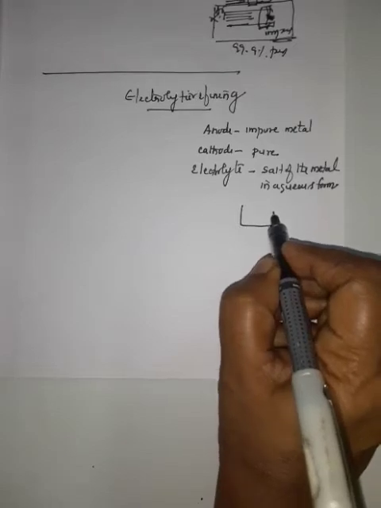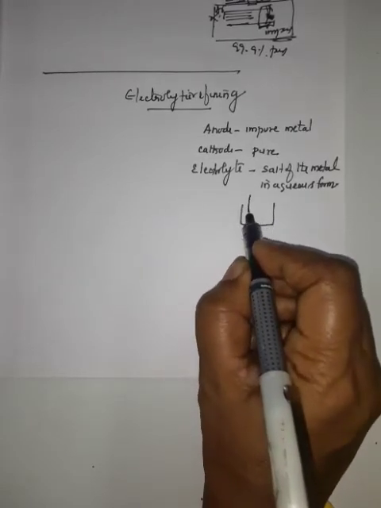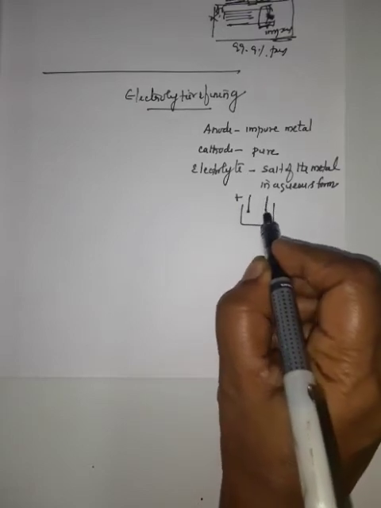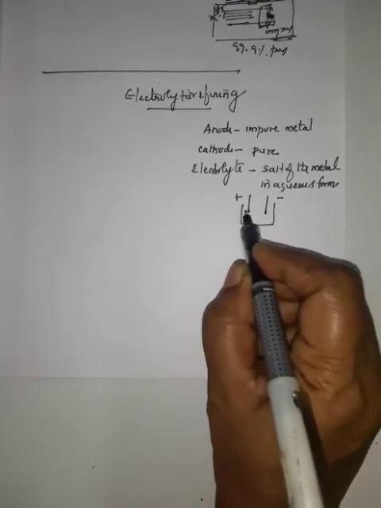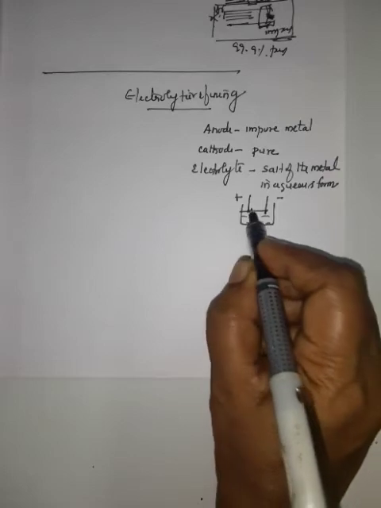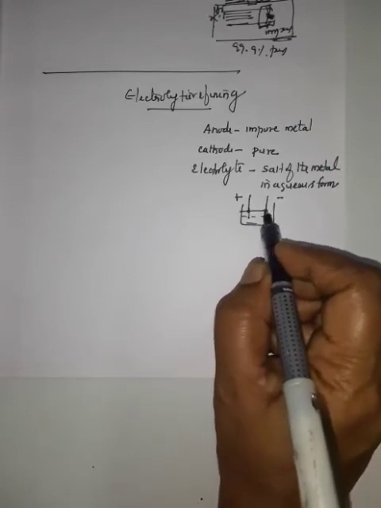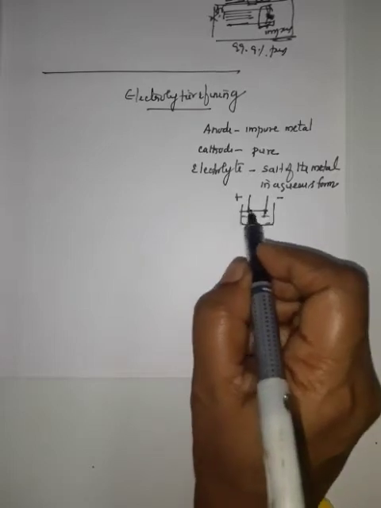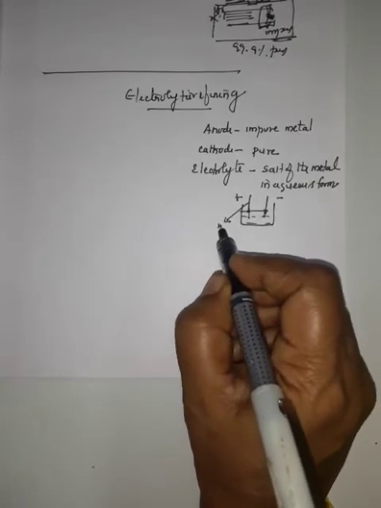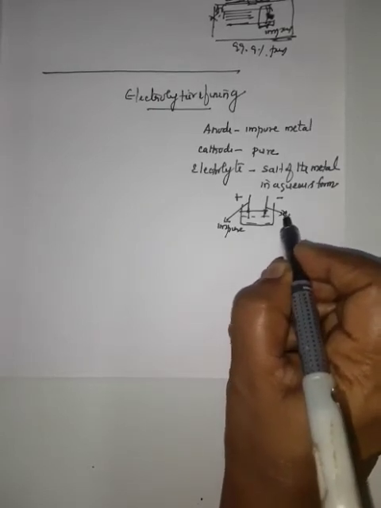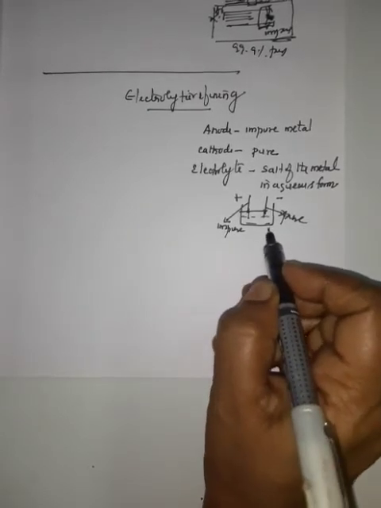So in the electrolytic vessel, anode means positive, cathode means negative. Here the electrolyte, that is the salt of the metal, is taken. This anode is impure, the cathode is the pure metal.